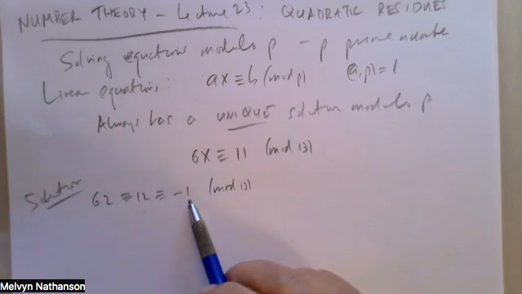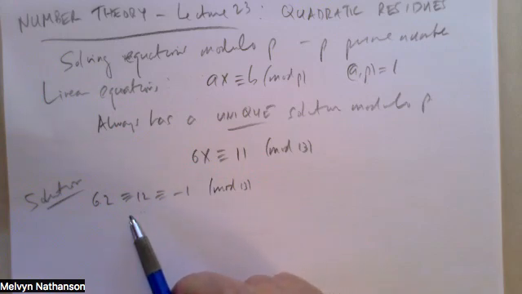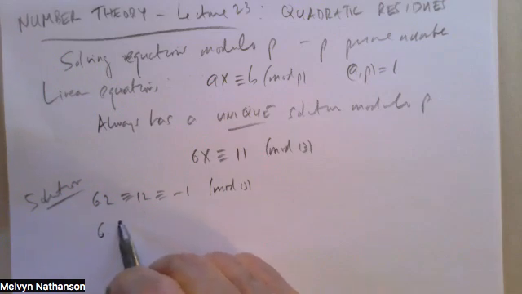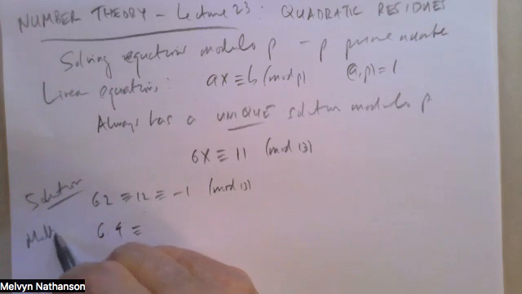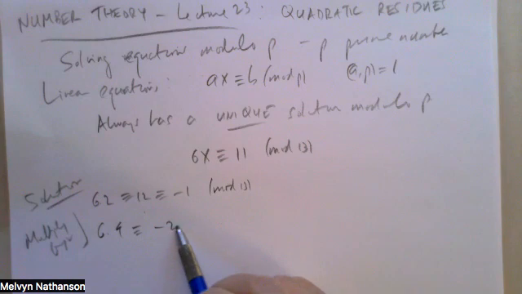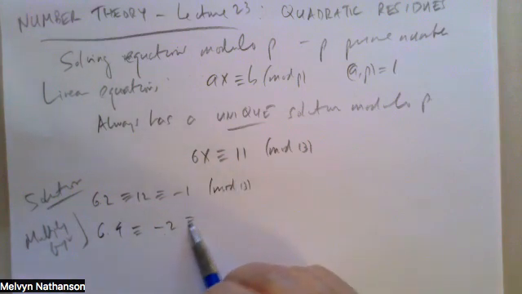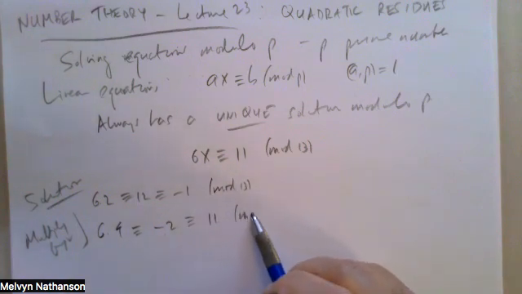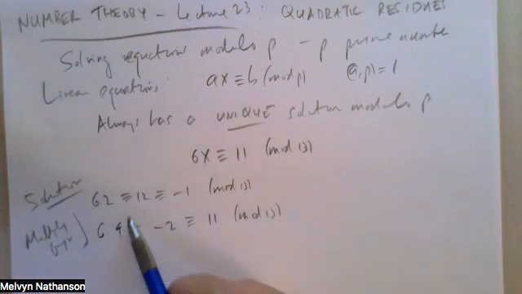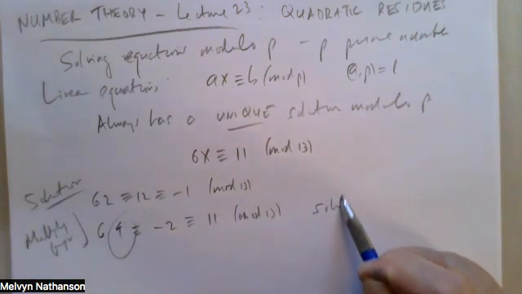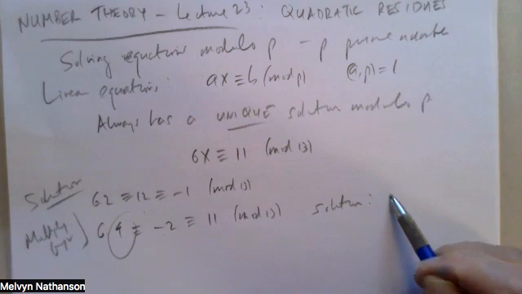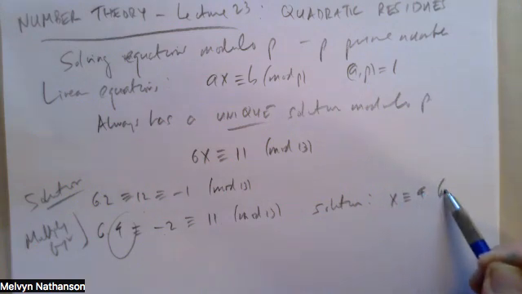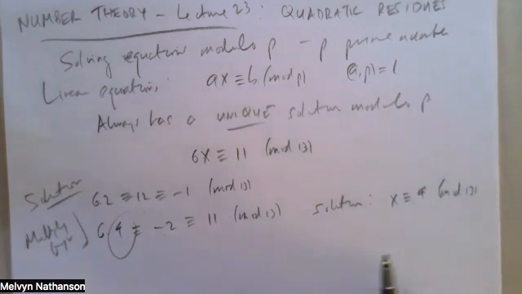So if you multiply this equation by 2, 6 times 4 is congruent to minus 2, which is the same as 11 mod 13. So here we have the solution. The solution is x congruent to 4 mod 13.